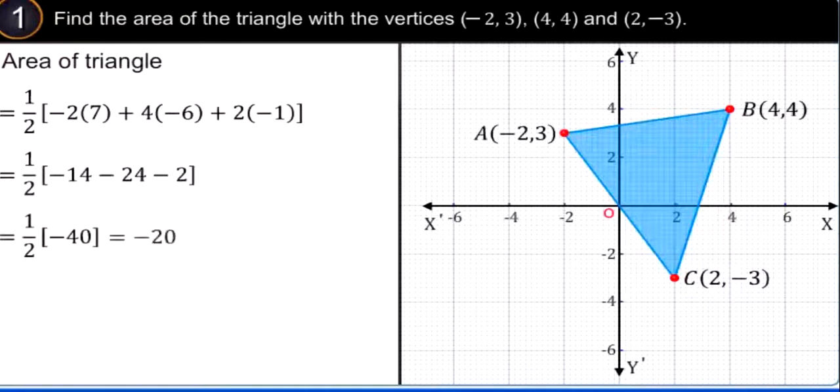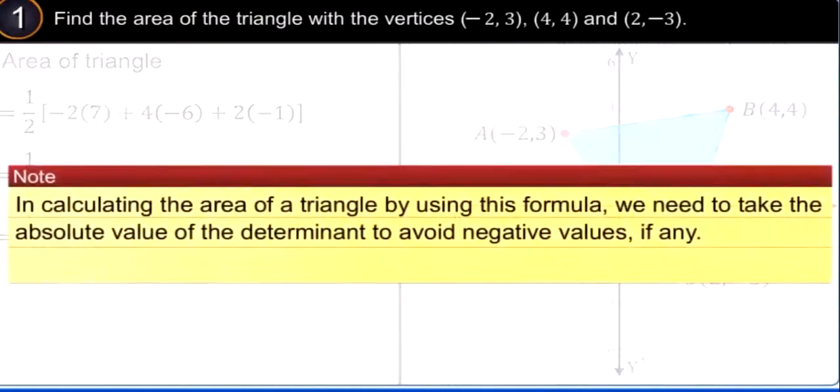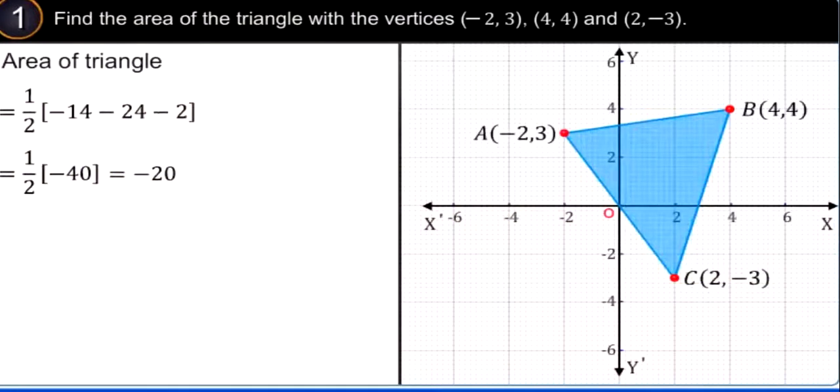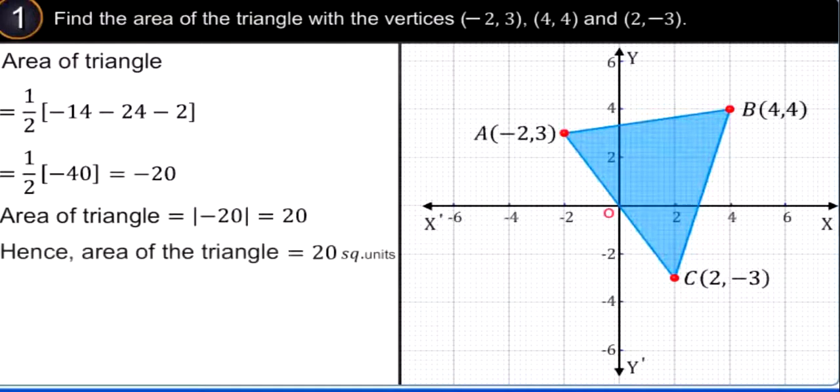Hence, while calculating the area of a triangle by using this formula, we need to take the absolute value of the determinant to avoid negative values, if any. This implies area of the triangle is equal to 20. Hence the area of the triangle is 20 square units.